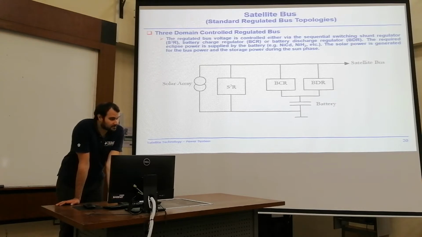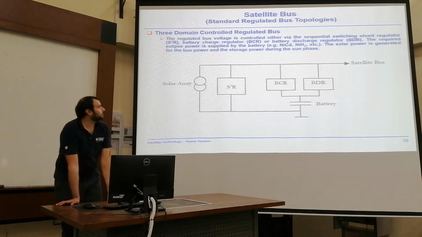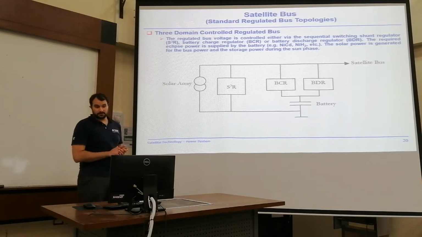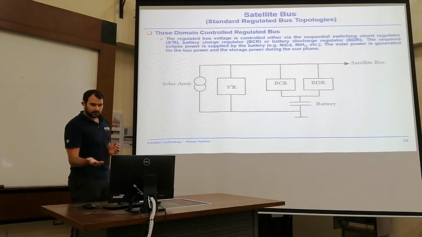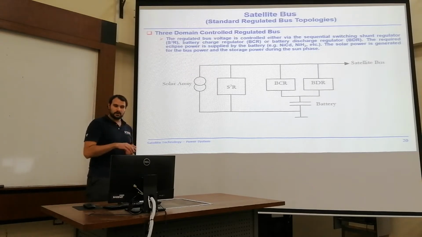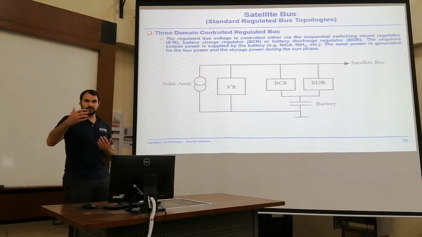The required eclipse power, so whenever there's no sunlight, is supplied by the battery at those times. Batteries, we have seen a lot of different technologies we could use. And the solar power is generated for the bus power and the storage power during the sunlit phase.